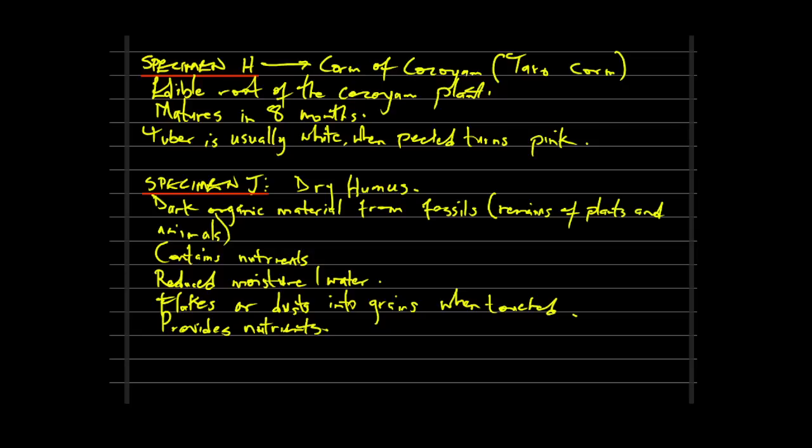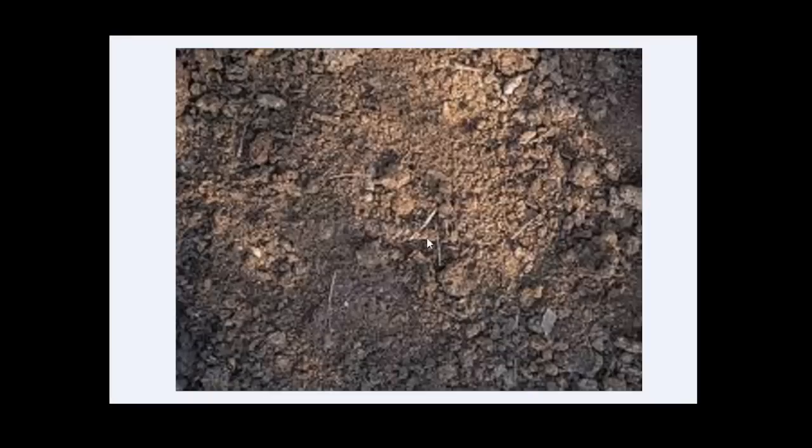Don't forget that because it is dry humus, it has the nutrients in it, but it will not be able to give them to the plant because the plant cannot absorb nutrients in solid form. The nutrients have to be dissolved in water, then the plant will be able to absorb them into its system.